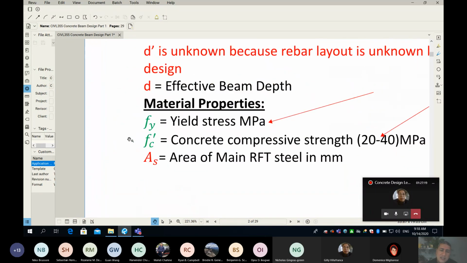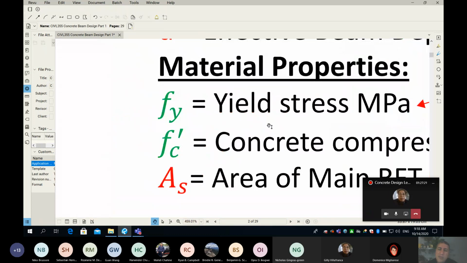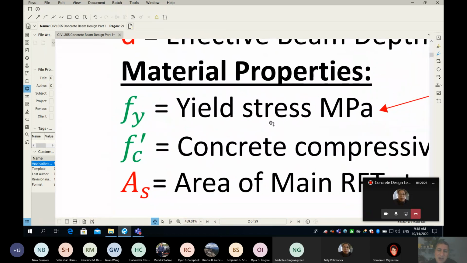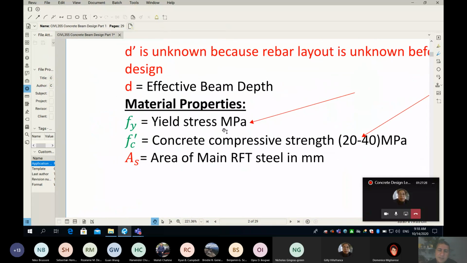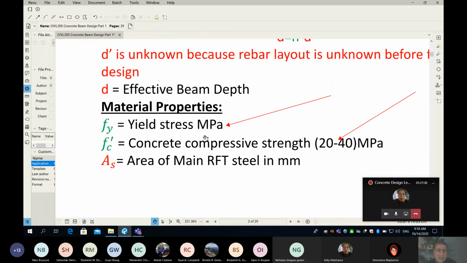However, you can see here I put them in green. What does green mean? It means they are known. How come they are known? The answer is, since we are in Canada, we probably use three kinds of rebar and one is the most found in the mill, so we know that this number is 400.